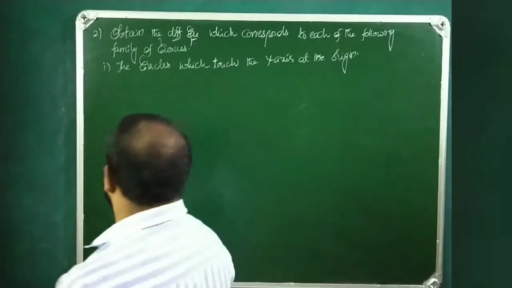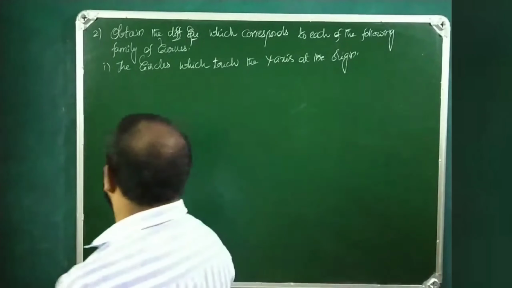But here y minus k is not eliminated, but actually we can write y minus k to be 2a by y dash. Now replacing y minus k with this 2a by y dash and substituting this, then we will get the required differential equation.